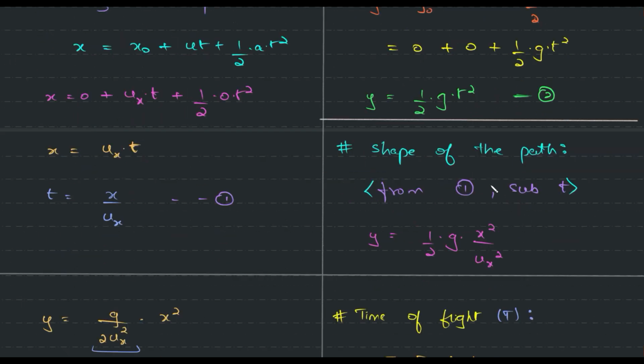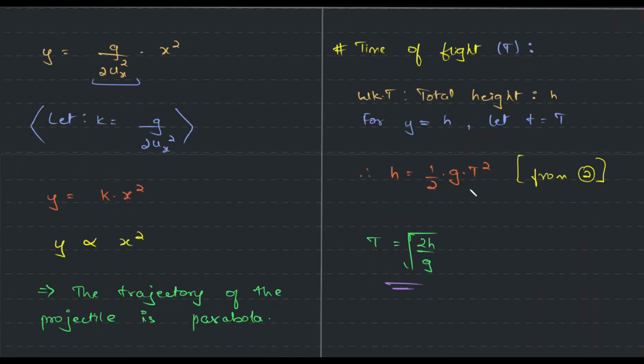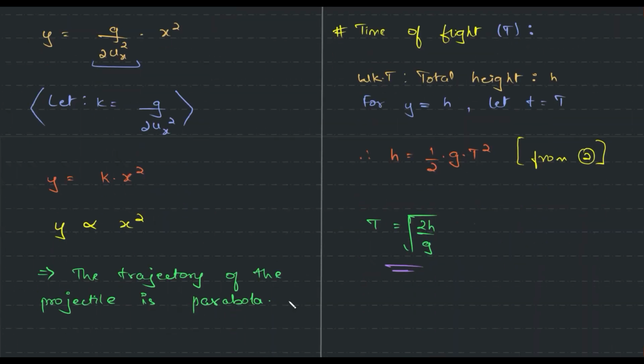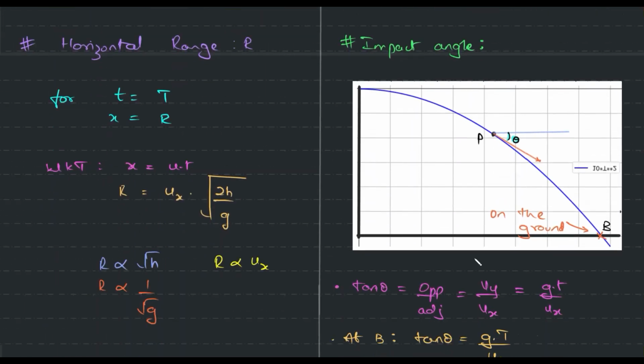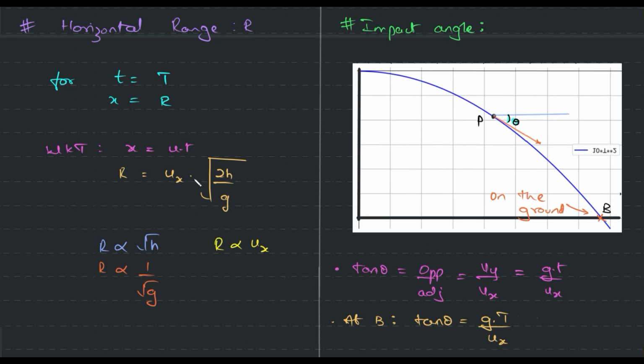And we went on to look at the shape of the path and we found that it's parabolic. Time of flight depends on the height and acceleration due to gravity. And the range obviously depends on the height, acceleration due to gravity, and with what force we are throwing along the horizontal, that is, your u of x, the initial velocity. Angle of impact is a simple geometric tan, so opposite by adjacent and so on.